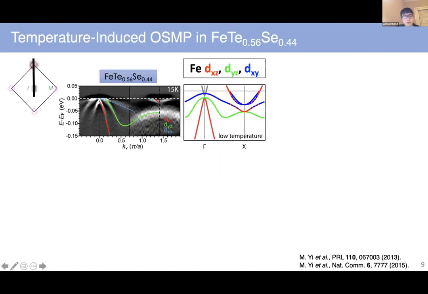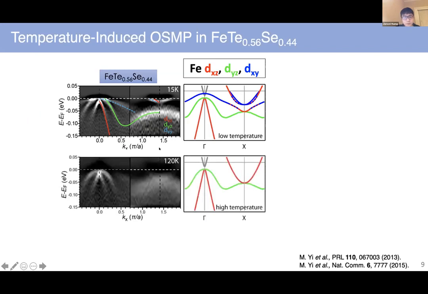First of all, this temperature-induced orbital-selective Mott phase has already been found previously. This is a gamma-M cut for this FeTeSe with selenium content equal to 0.44. We find that the low energy band consists of the XZ, YZ, and XY orbitals at low temperature.